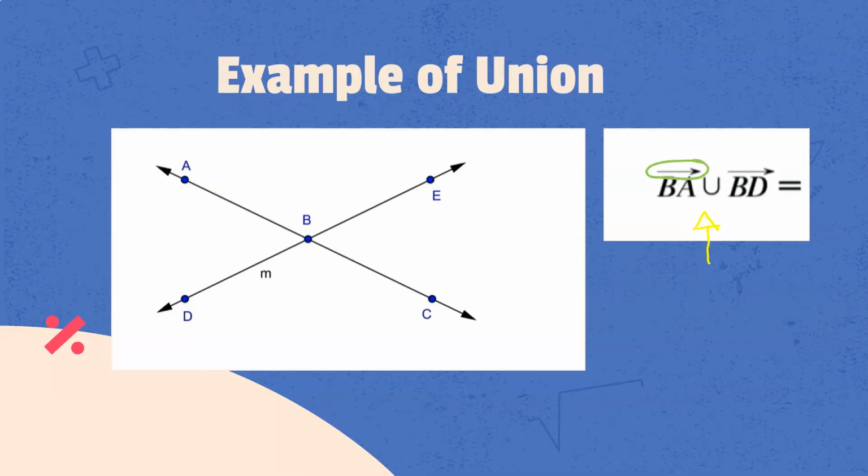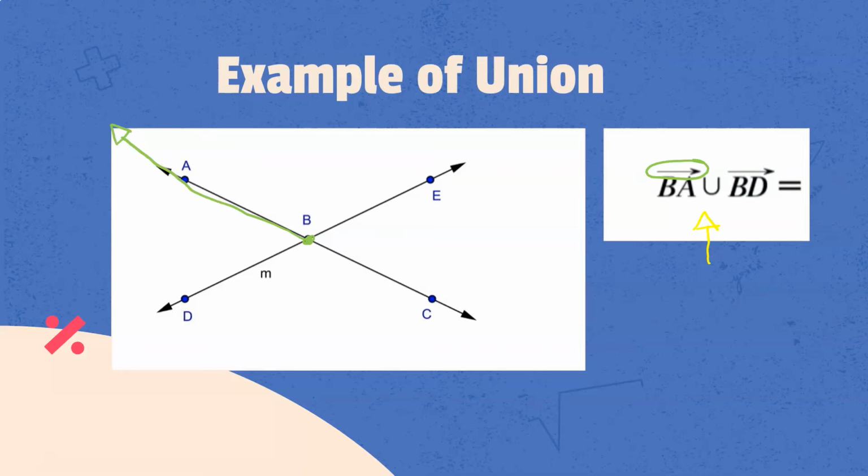This, as we know, is a ray, because a ray has a line and only one arrow. A ray starts with the endpoint. So here this ray starts with B and then extends through A. So here's B, and then it extends infinitely through A.